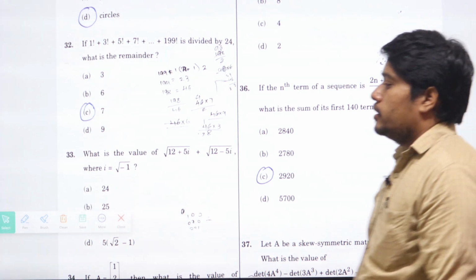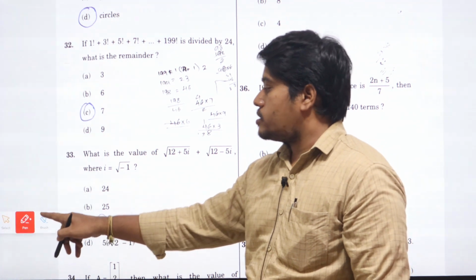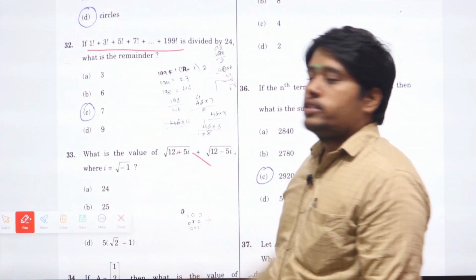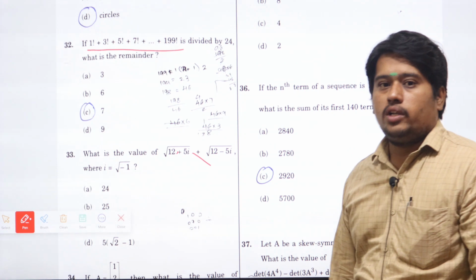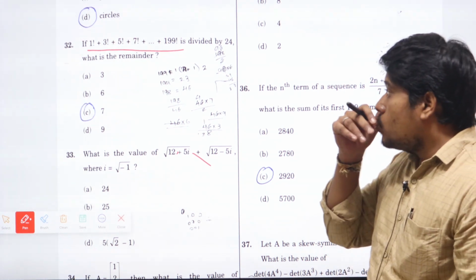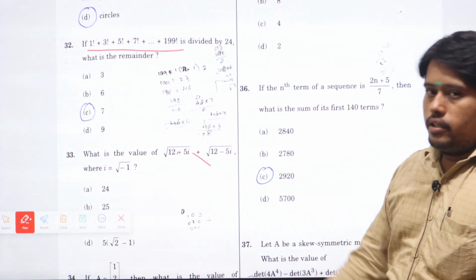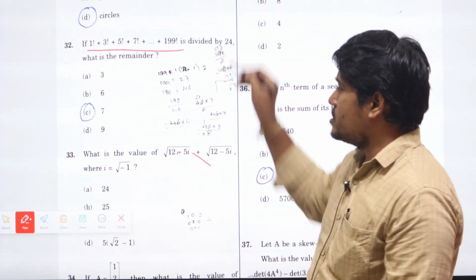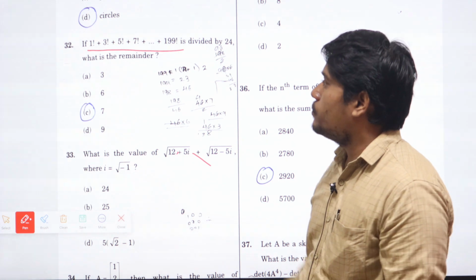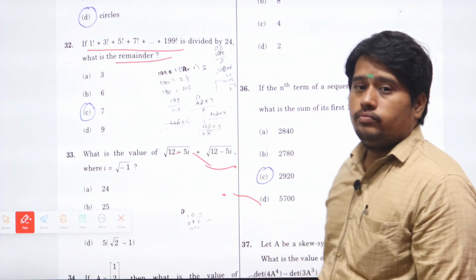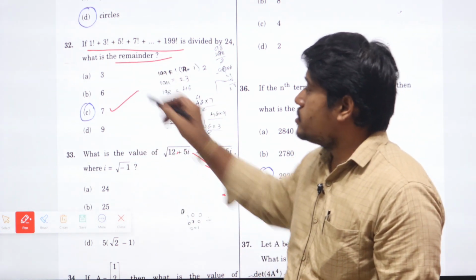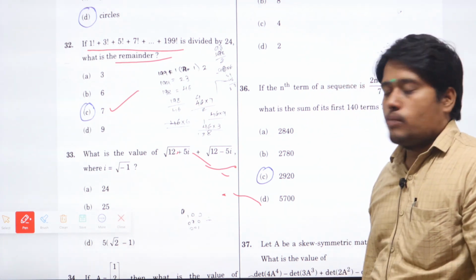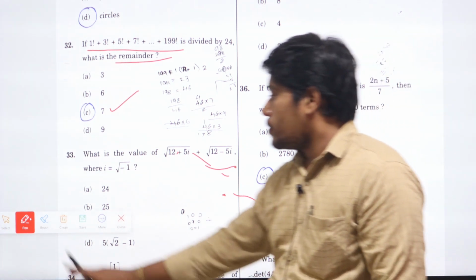We know that the given factorial form consists of the odd terms 1, 3, 5, 7. Using the odd terms of the factorial formula, the terms that are directly divisible by 24 drop out, and the remainder is 7. Option C is the right answer.